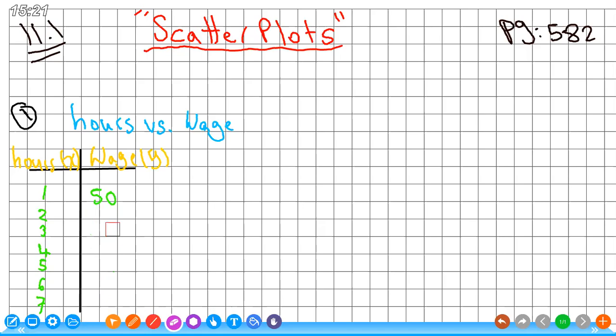Let me change the values a little bit: 55, 60, 65, 100, 120, 135, and 200.